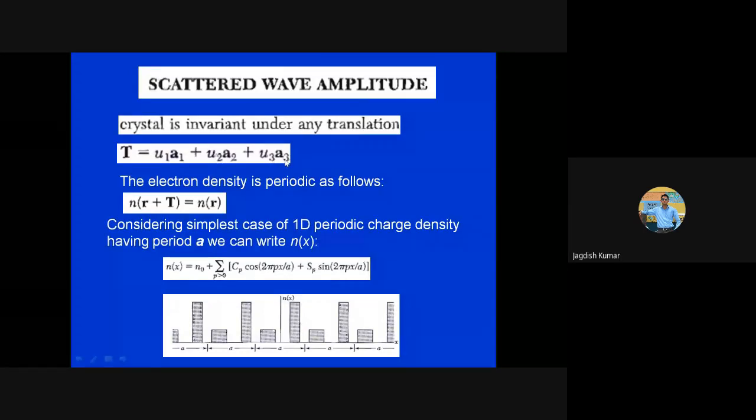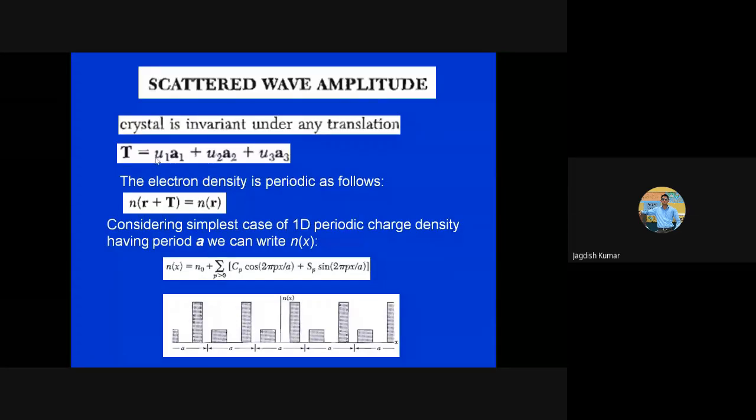So for the three-dimensional case, we will have three lattice vectors. And what does this translation vector mean physically? If you're sitting at one of the lattice points in real space and you move by this translation vector, suppose u2, u3 are 0 and u1 is just 1, then I am going from one lattice point to its neighboring lattice point along the a1 direction.